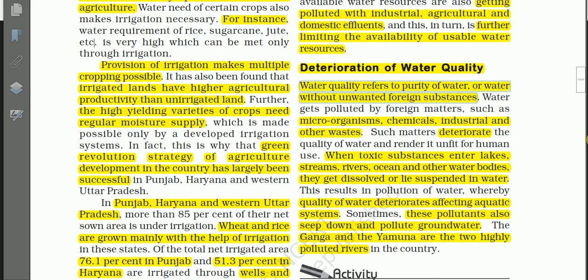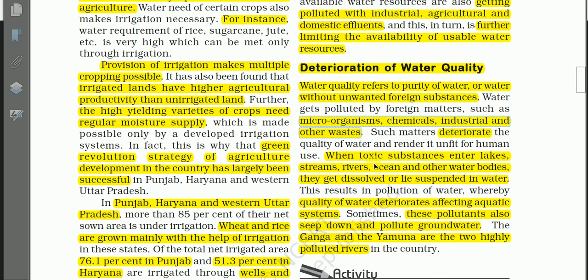Means if foreign substances are present, then we call the water polluted, right? Water gets polluted by foreign matters such as microorganisms, chemicals, and industrial and other wastes. When foreign substances are added to the water, the water is polluted.